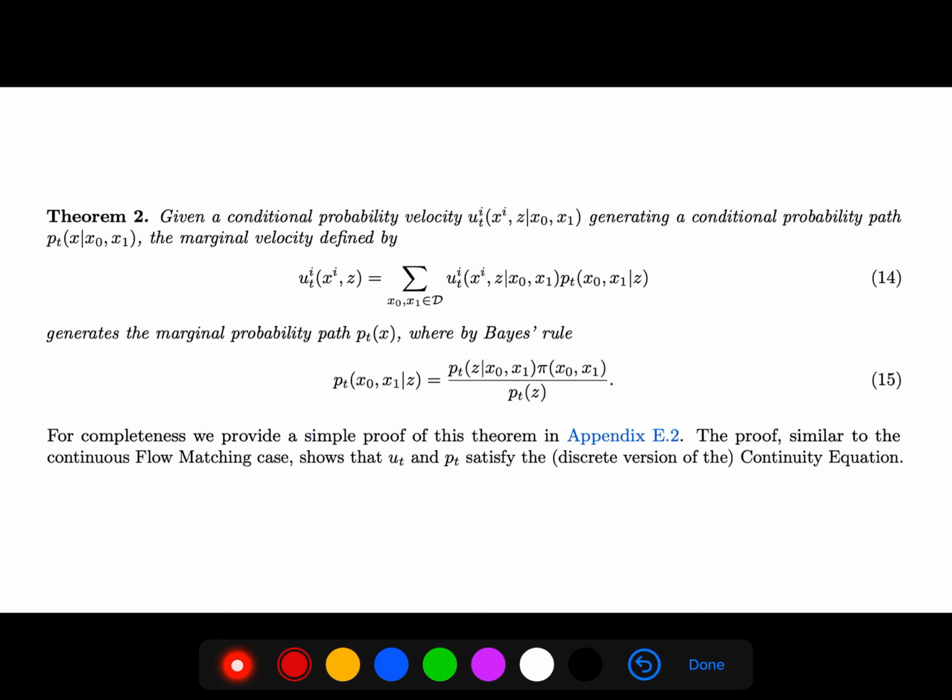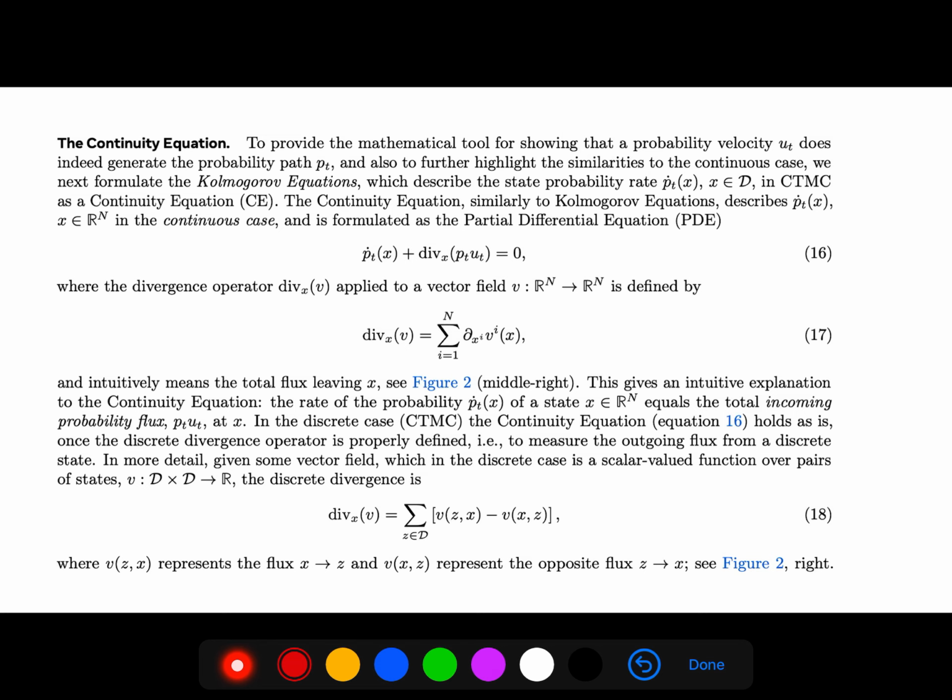And then you have this interesting theorem that given a conditional probability velocity, the marginal velocity is defined by this. It generates the marginal probability by the Bayes rule.